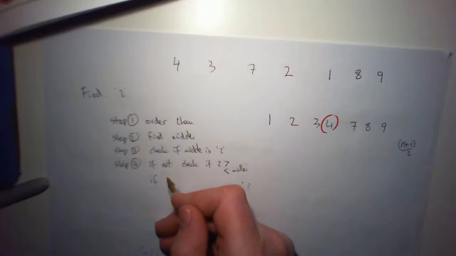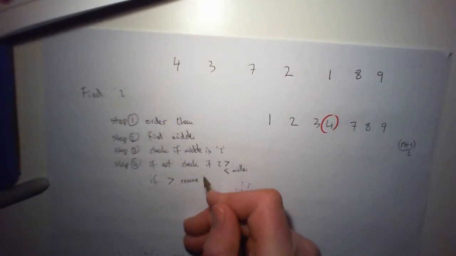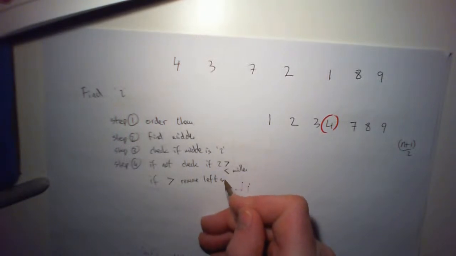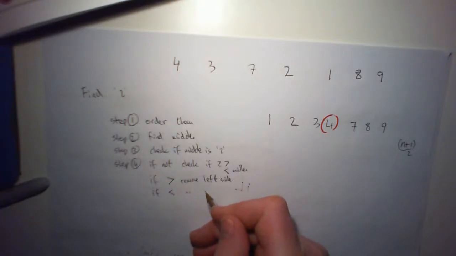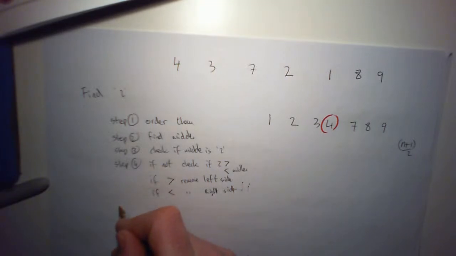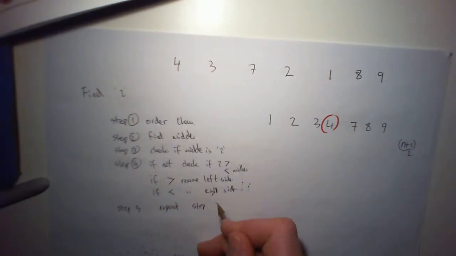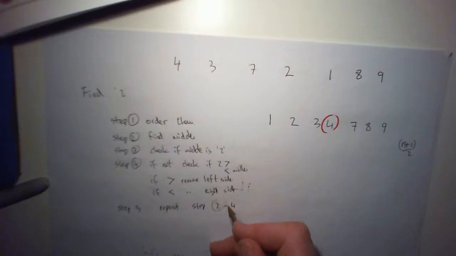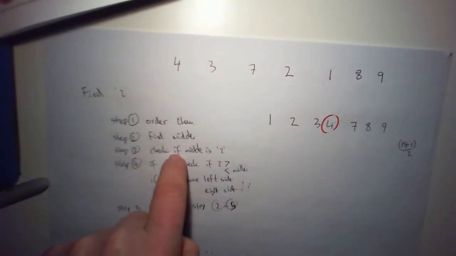If greater than the middle, remove left side. If less than, remove right side. Step 5, repeat step 2 to 4. Okay, or repeat step 2 to 5 really, because I'm going to keep doing this until it hits it.